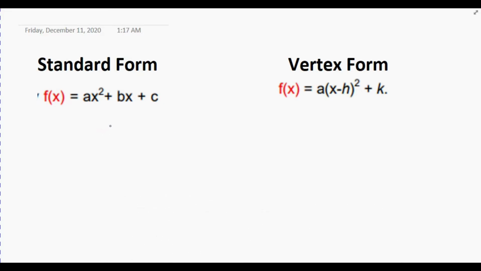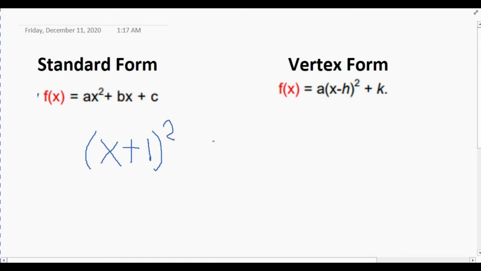You can still remember the square of a binomial is in this form: x plus, say for example, 1 quantity squared. So this is the square of a binomial. The square of a binomial is a perfect square trinomial.